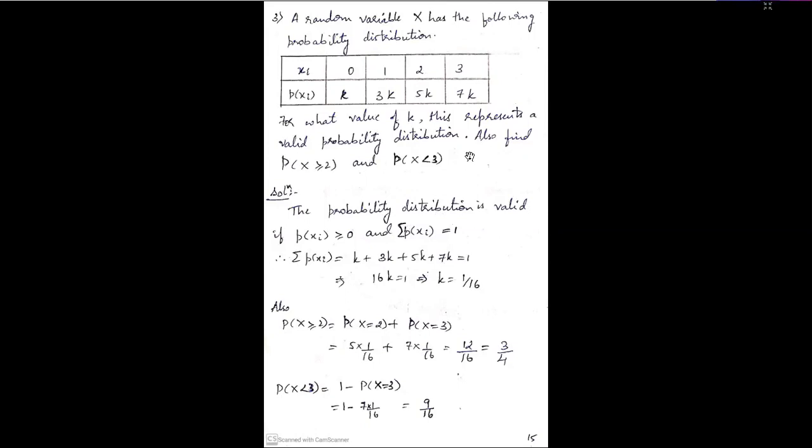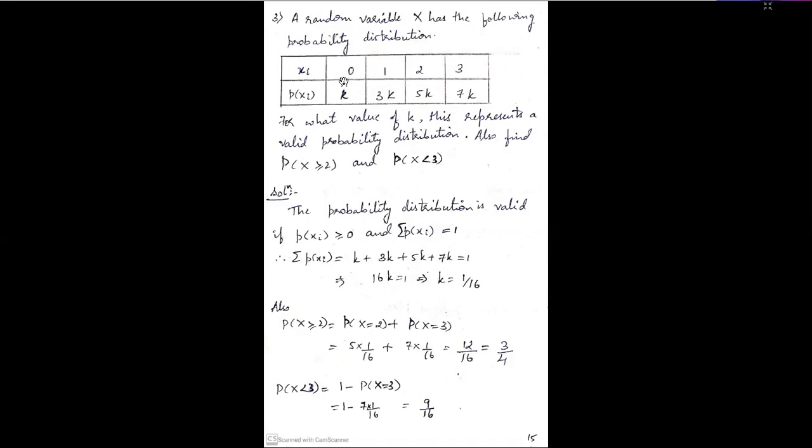Now the next one is probability of x less than 3. So x less than 3 means that will be 0, 1 and 2 only. When you have less than or equal to, 3 will be included. Since you have only x less than 3, you have the values only for 0, 1 and 2.